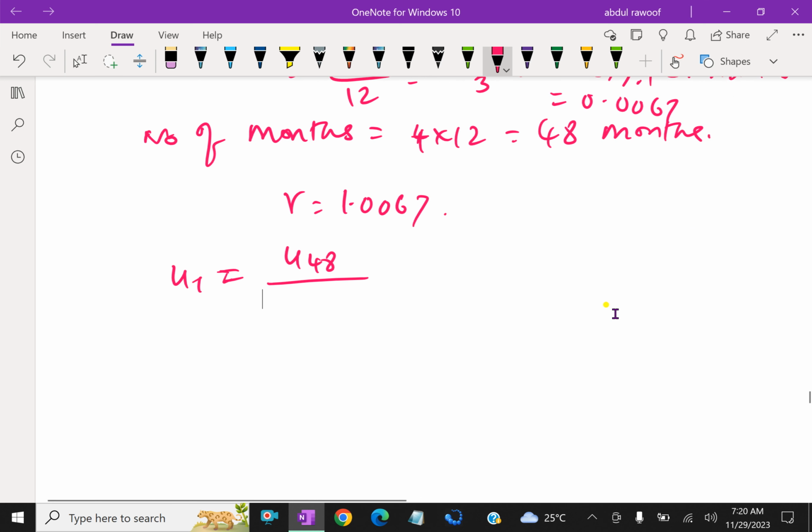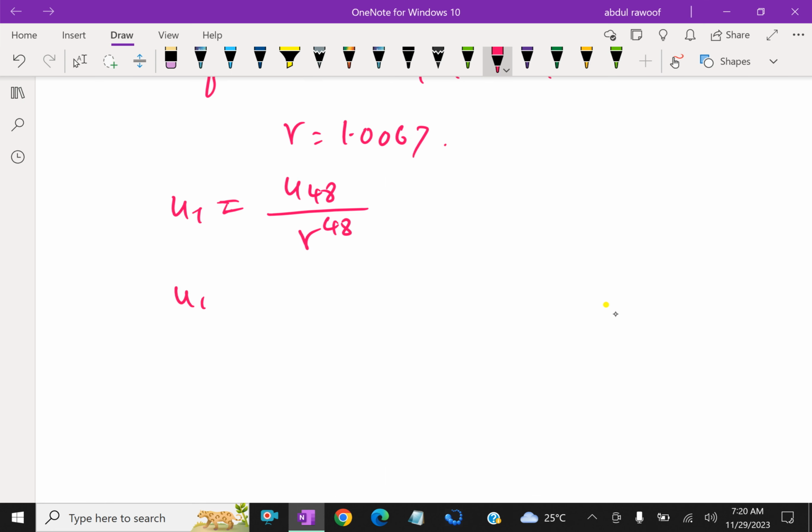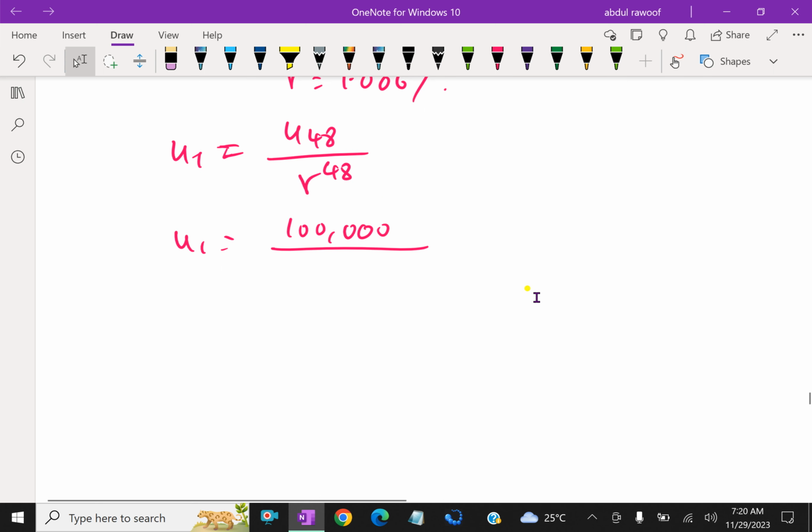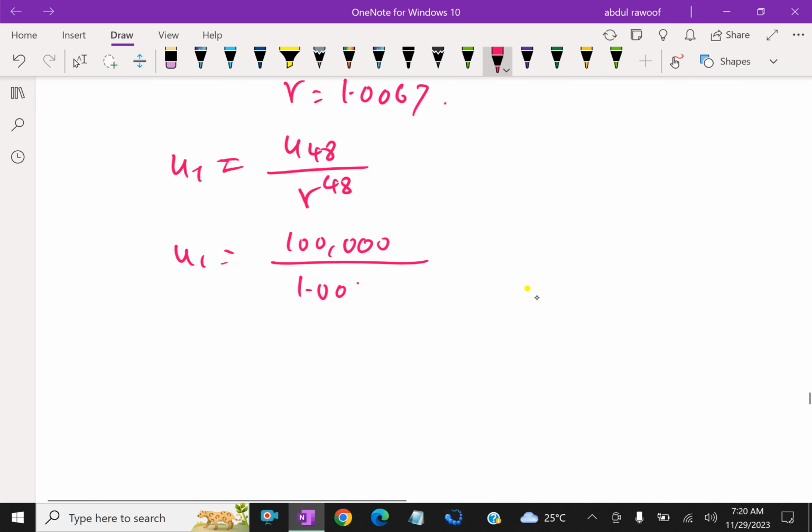That is, U1 equals U48 divided by R to the power 48. U48 is 100,000, because after 4 years we get 100,000, then divided by 1.0067 to the power 48.